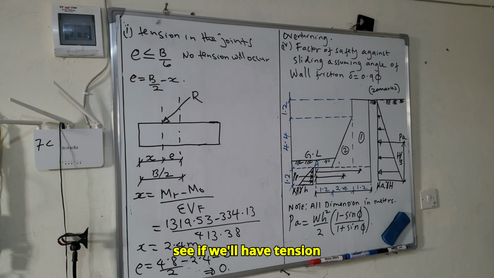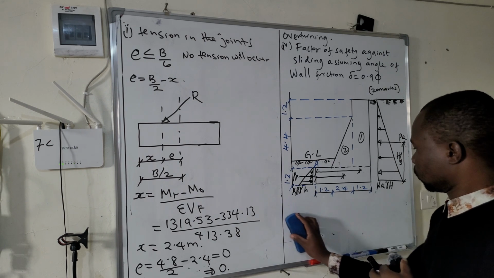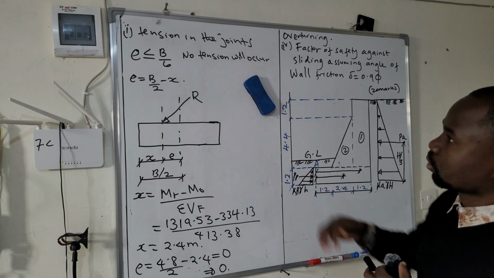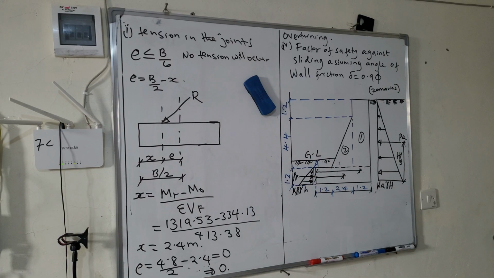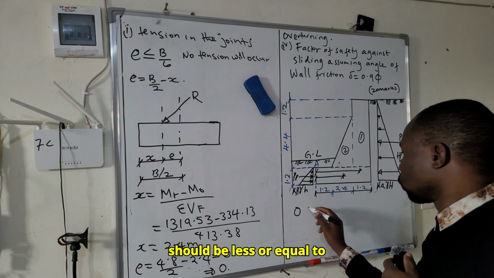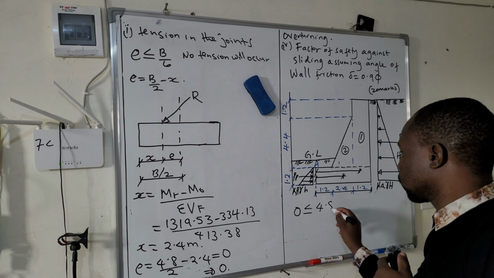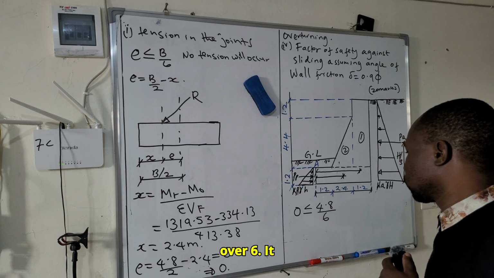So let's see if we'll have tension in the joint or not. Our E, which is 0, should be less than or equal to 4.8 over 6.